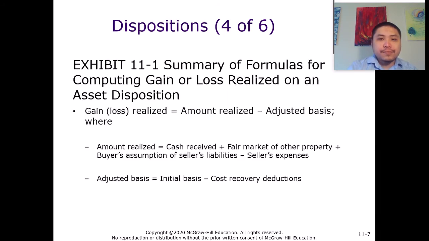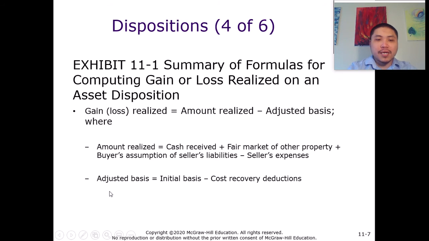All right, and here's an extended formula. Gain and loss realized equals amount realized subtract adjusted basis, and then amount realized equals cash received plus fair market value of other properties plus buyer's assumption of seller's liabilities, subtract seller expenses. This is the first formula that we just saw in the previous slide.